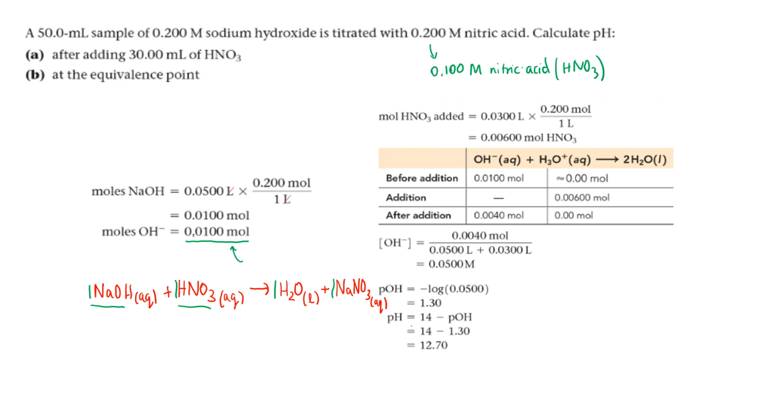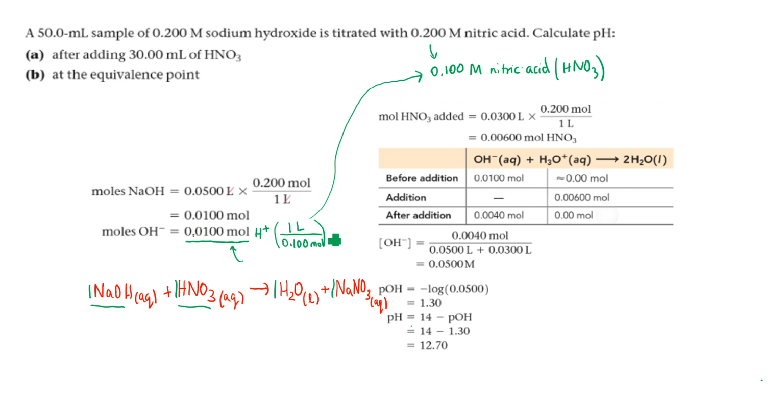Well, if I take 0.0100 moles of my HNO3 or H plus, because it's a strong acid, HNO3 completely dissociates into H plus. We know that for every 0.100 moles, I have 1 liter.